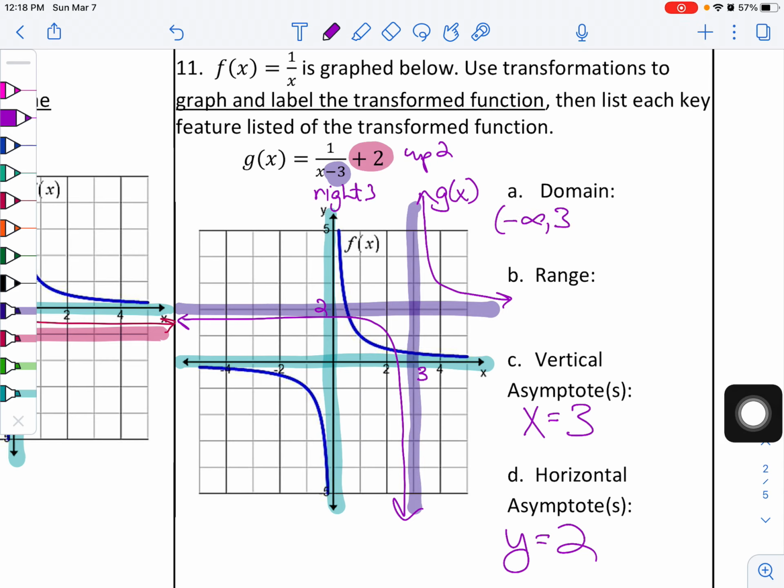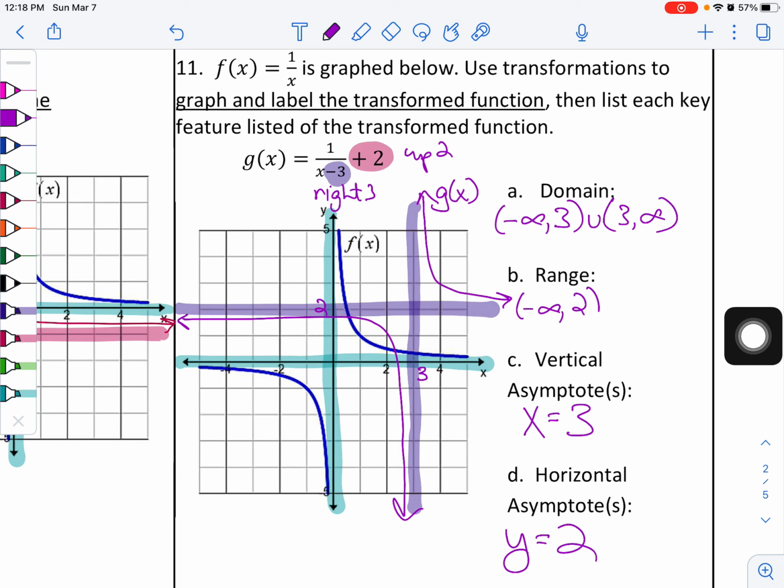The reason I do these is because this vertical asymptote is the value I have to throw out of my domain. So my domain is going to be from -infinity to 3, and then from 3 to infinity. And this value for my horizontal asymptote is what I need to throw out of my range. So range is going to be from -infinity to 2, and then from 2 to infinity.